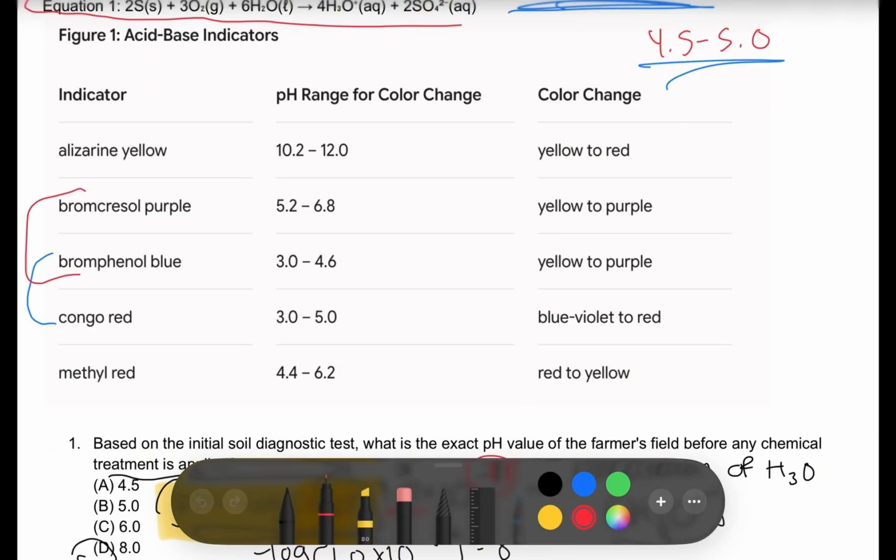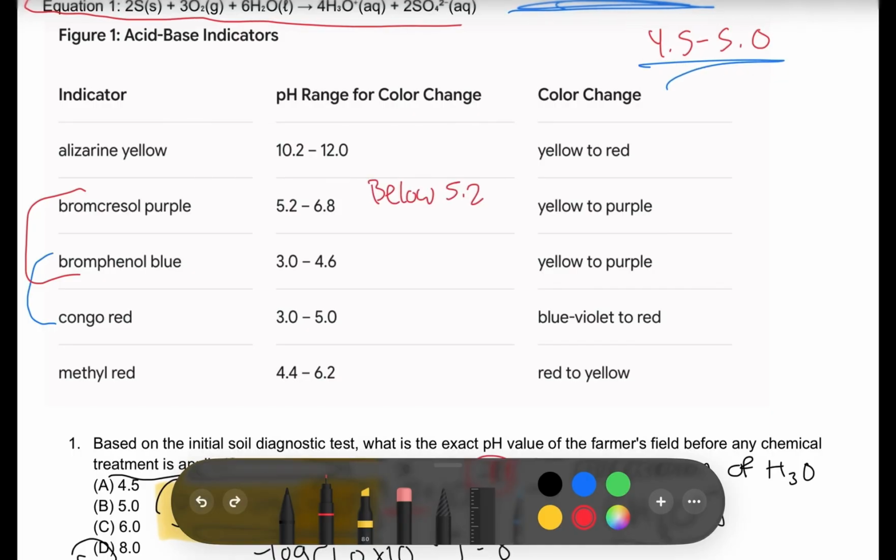But before we make our final decision, let's look at the indicators Bromocresol purple and Bromophenol blue. If we look at Bromocresol purple, it's between 5.2 and 6.8. Now what this range is going to tell us is that the pH has to fall below 5.2, because 4.5 and 5 fall below 5.2.